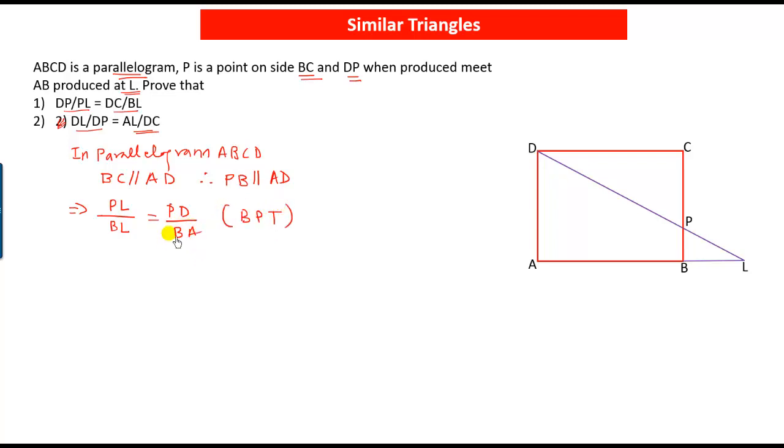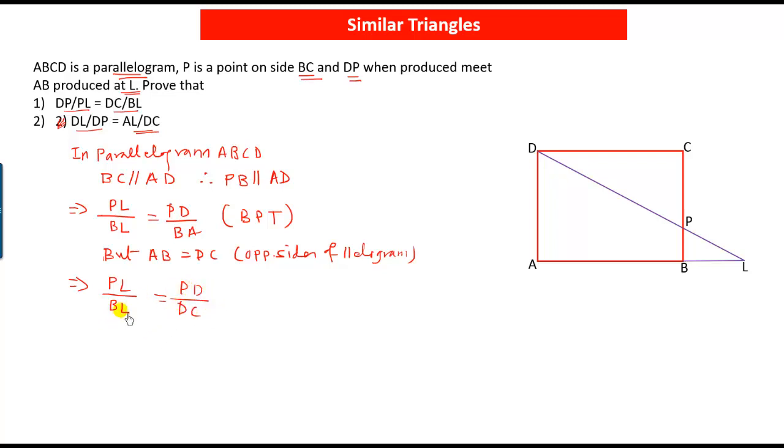But here this AB we can replace by DC, because AB and DC are the opposite sides of the parallelogram and therefore both are equal. So AB is equal to DC, opposite sides of a parallelogram, and therefore we get PL upon BL is equal to PD upon DC.